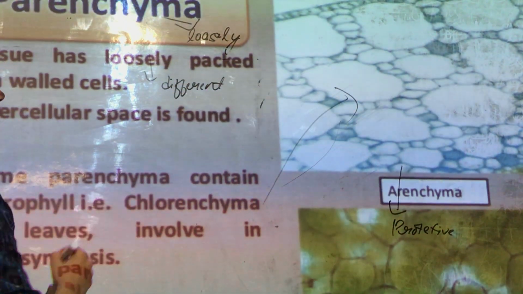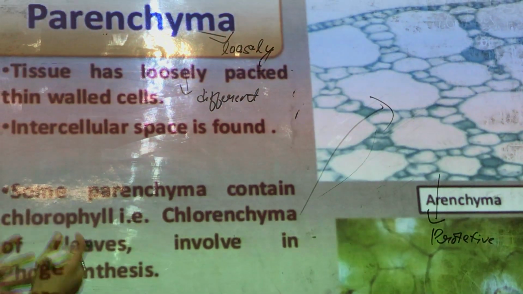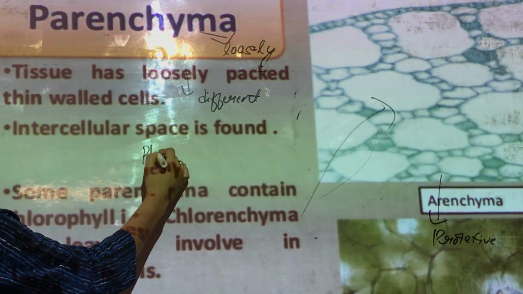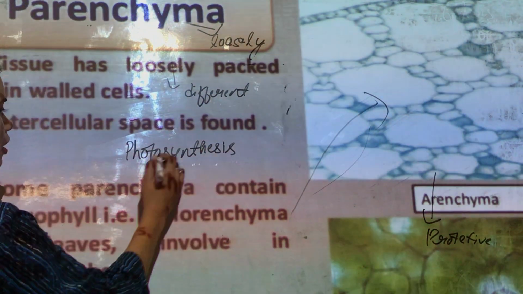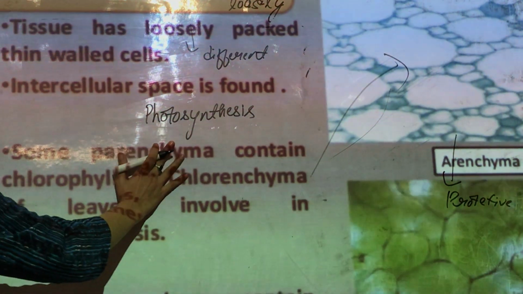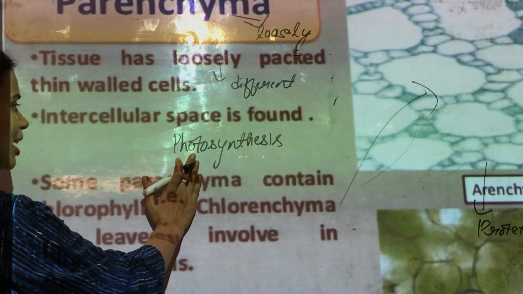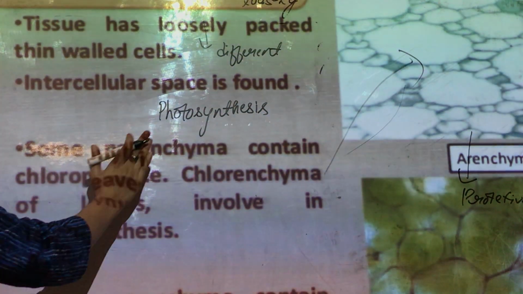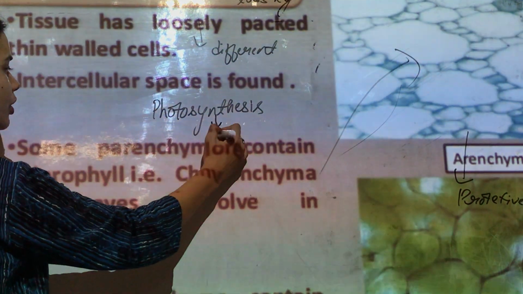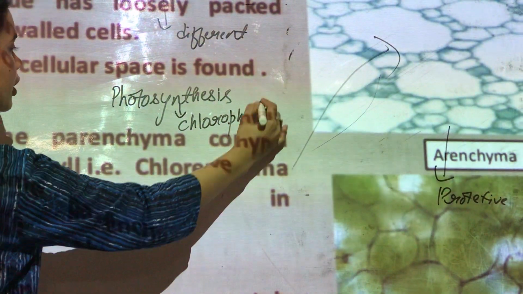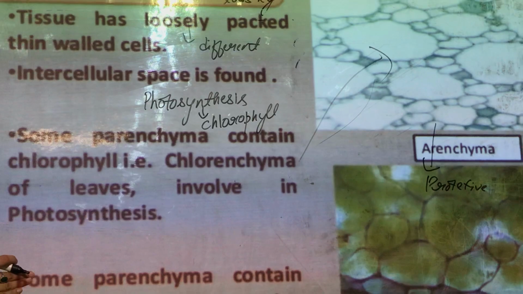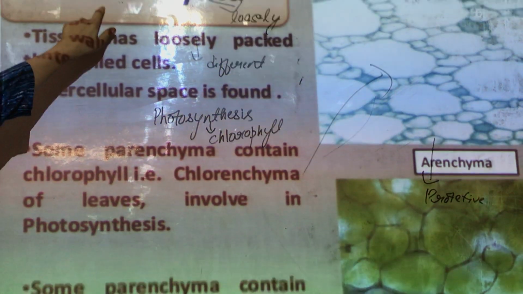For example, you must have learned about the photosynthesis process. Can you recall what is the main pigment which is used to trap the sun's energy? What is that pigment called? Chlorophyll. Yes, that pigment is chlorophyll. Now this chlorophyll is actually present because of the parenchyma tissue.